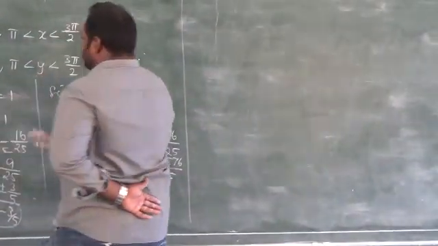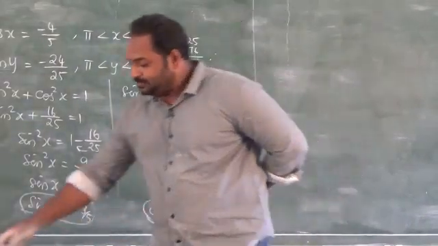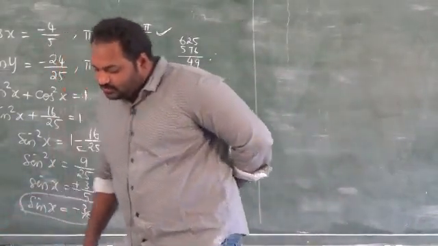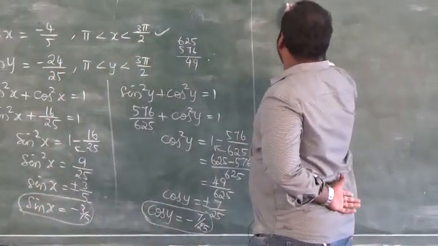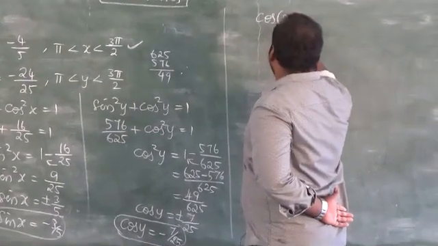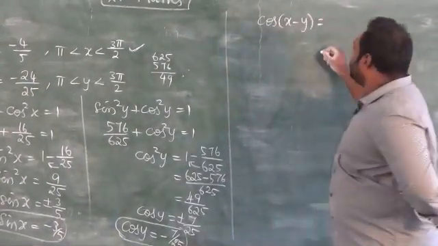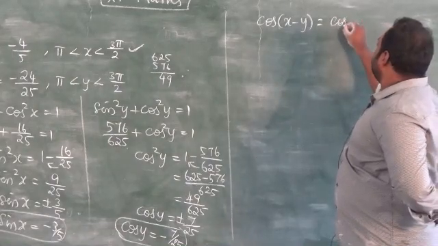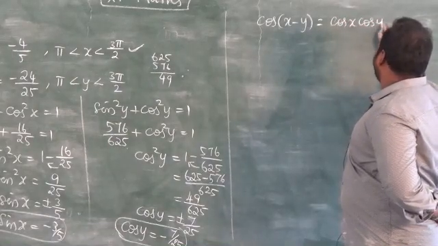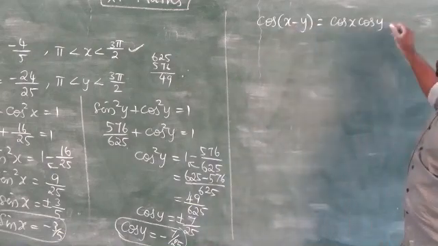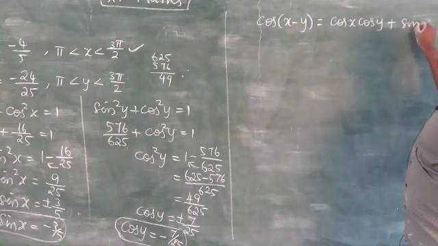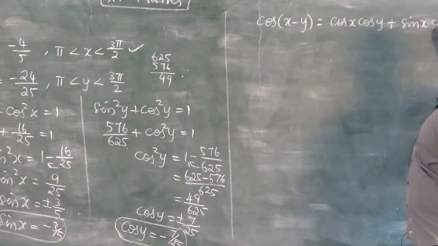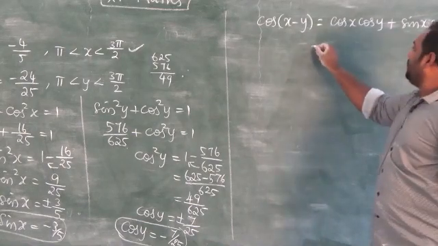Next, they ask us to find cos of x minus y. The formula is cos x cos y plus sin x sin y. Now apply the values.